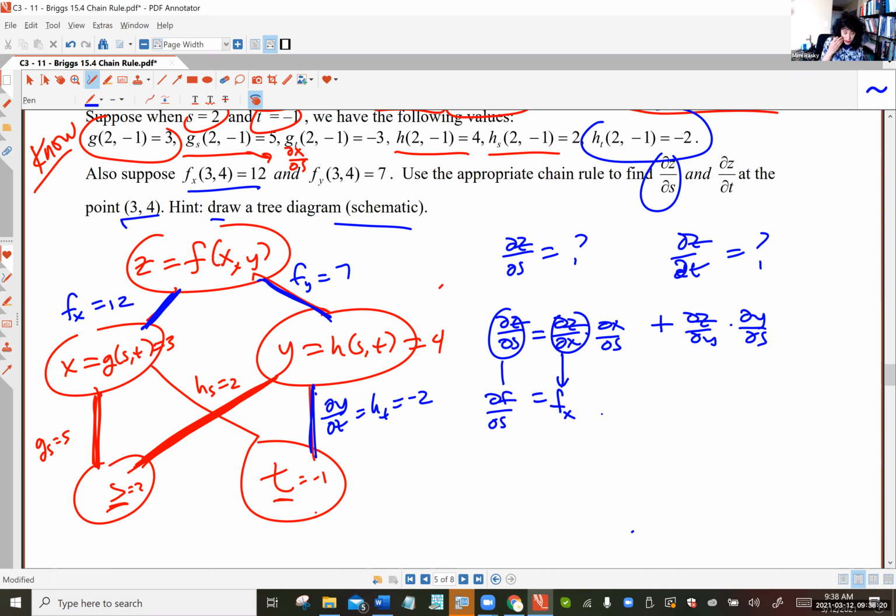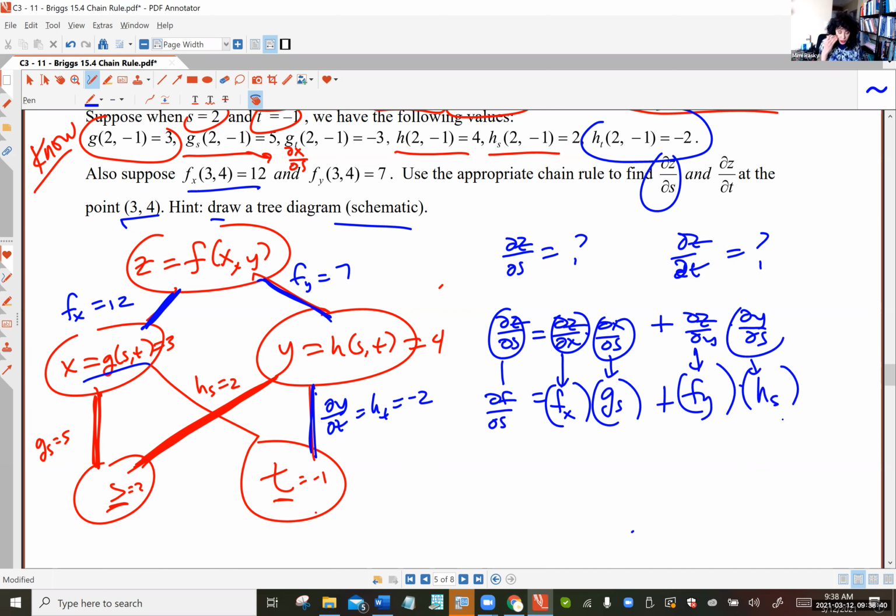They're the same because z is also named f. And dx ds, since x is g, is g subscript s, different notation but it means the same thing. Dz dy is the same as the partial of f with respect to y, and dy ds is really the partial of h with respect to s.